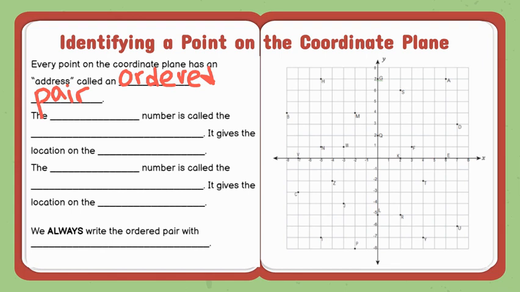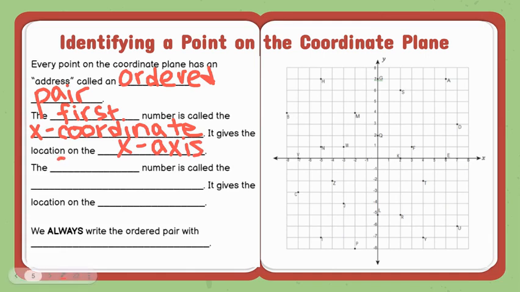All right, and then the first number in the ordered pair is the x coordinate. It gives the location on the x-axis. The second number is called the y coordinate.